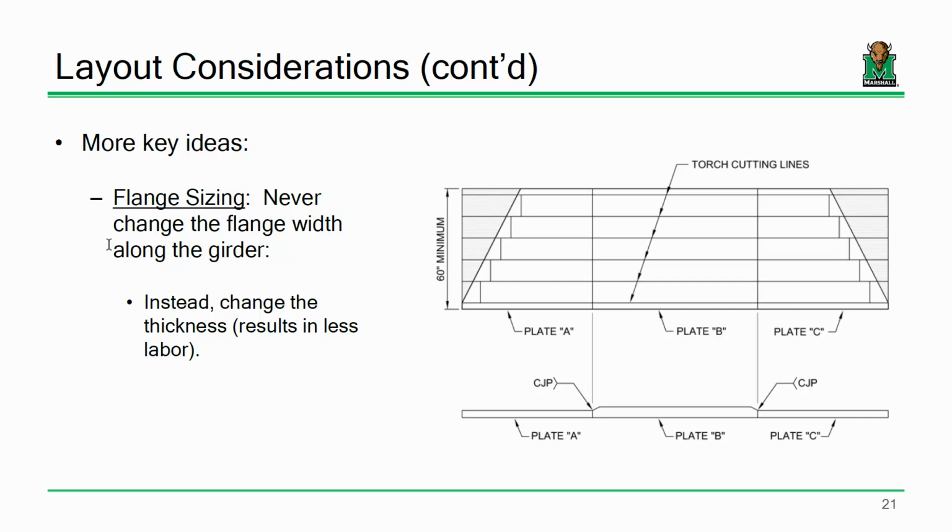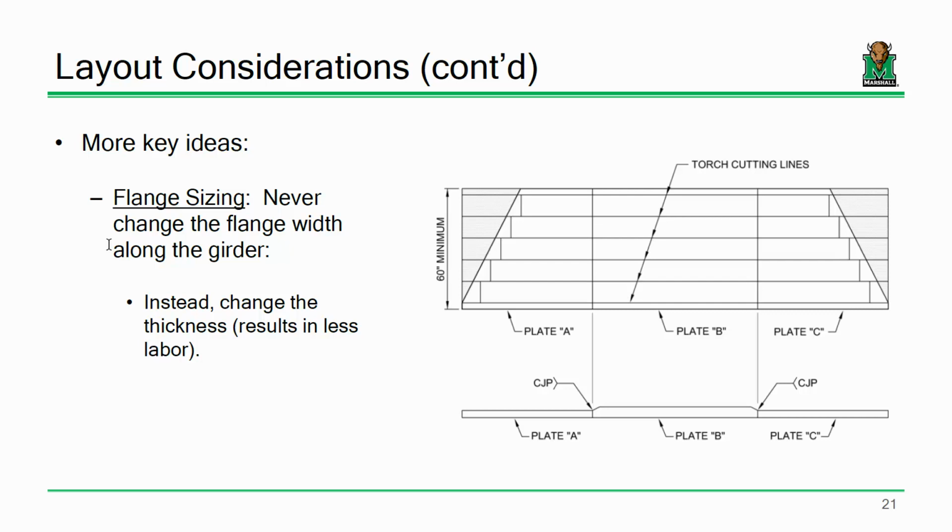What does a moment diagram look like for a simply supported beam with a distributed load? It goes like that, right? The biggest moment's in the middle. You don't have much bending moment at the ends. So do you really need a super thick flange at the ends? Maybe at the ends you can use a thinner flange, and use the thicker flange where you need it. You can shave some serious weight off the girder.